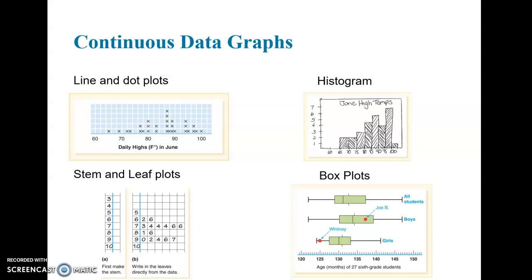The ends of the box are the lower quartile, the median of the lower half of the data, and the upper quartile, the median of the upper half of the data. A line inside the box marks the median of the data. A line, sometimes known as the whisker, extends from the end of each box to the lower extreme and the upper extreme of the data. Each line therefore covers the upper and lower fourths.